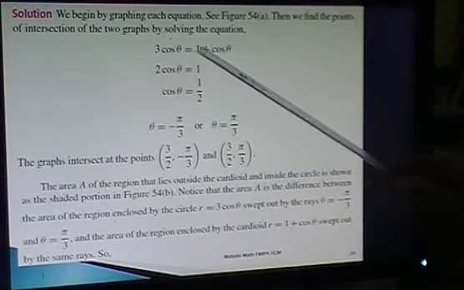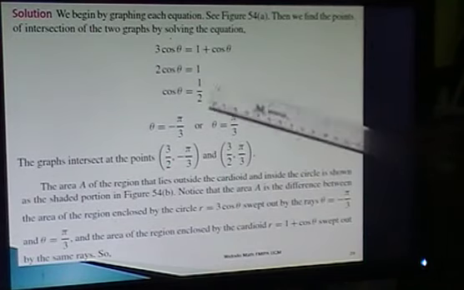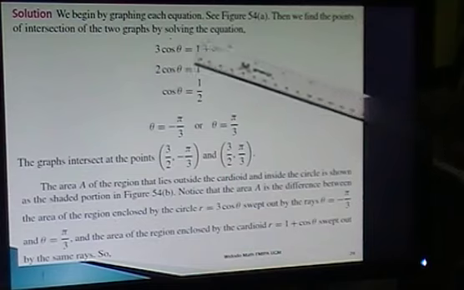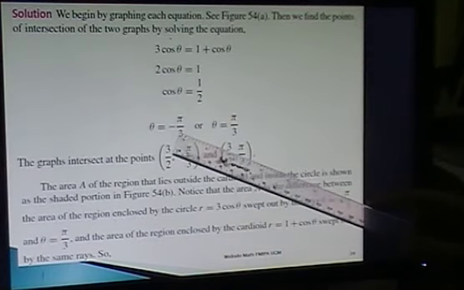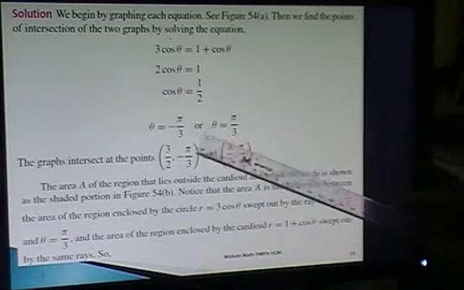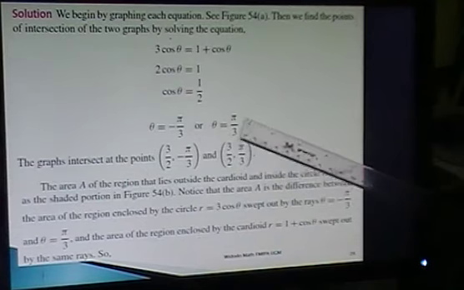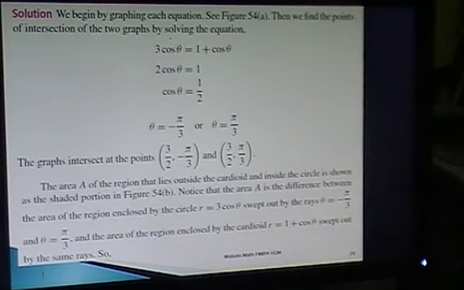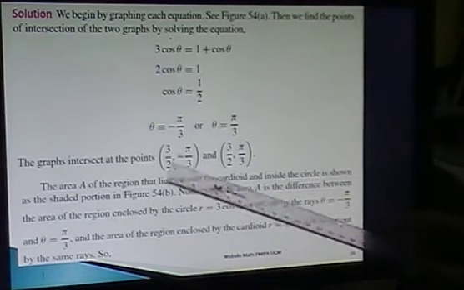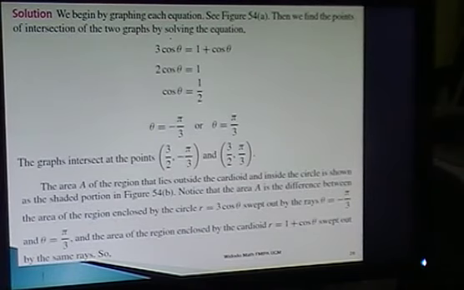3 cos theta is equal to 1 plus cos theta. If we calculate one by one, we have that theta is equal to minus pi divided by 3, and or theta is equal to pi divided by 3. So the intersection has 2 points, this point and that point. So by using these points, we can count the area of the shaded area.